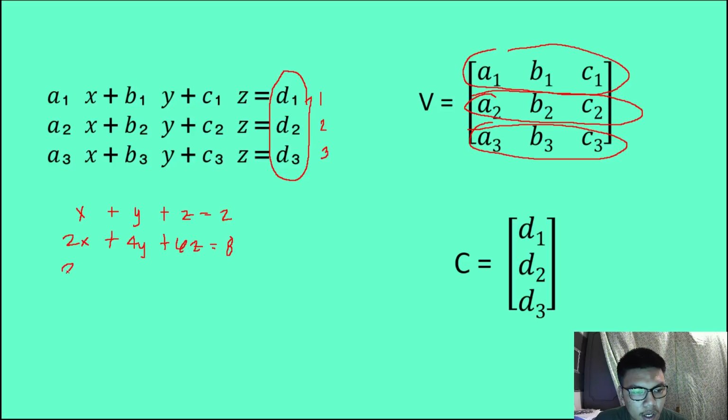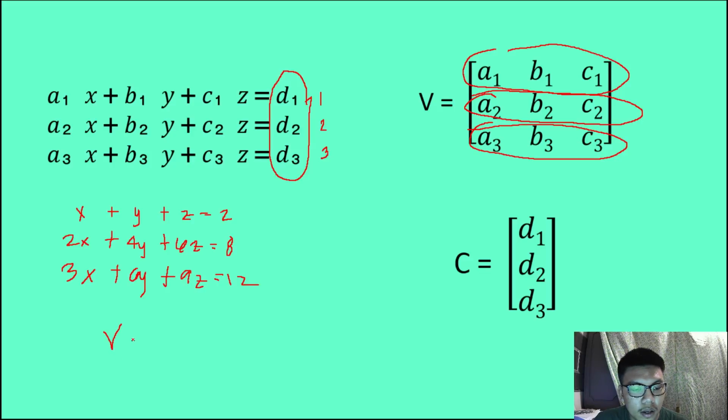Then you have 3x plus 6y plus 9z is equal to 12. Okay, in order arranging that into rectangular array or matrix form.